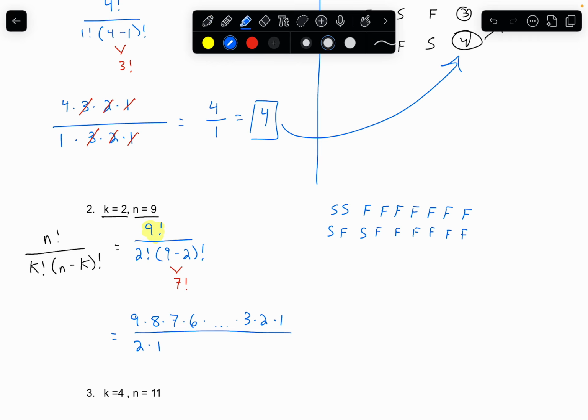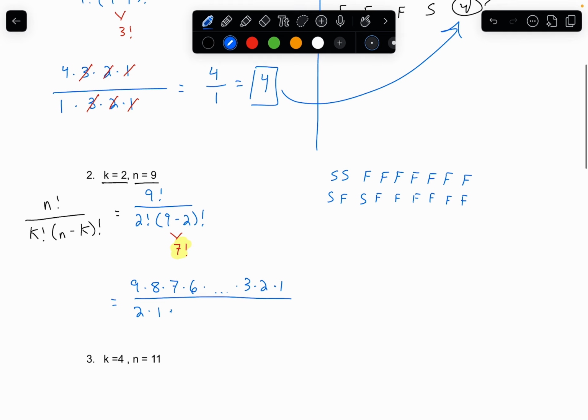Usually what's going to end up happening is one of the numbers in your denominator is going to be larger than the other. So in this case, 7 factorial is greater than 2 factorial. I'm going to try and cancel out the 7 factorial if I can. 7 factorial is 7 times 6 times 5 times 4 times 3 times 2 times 1.